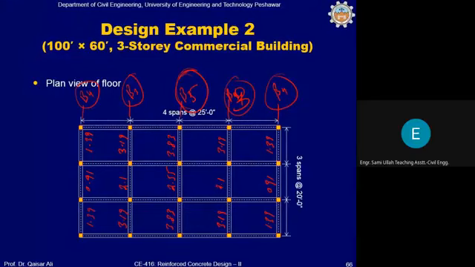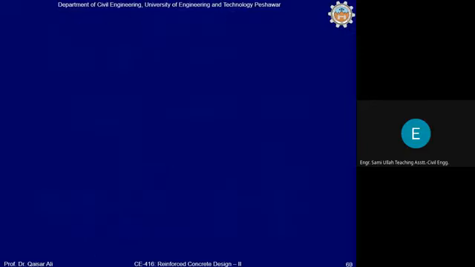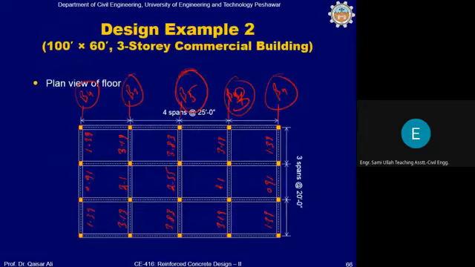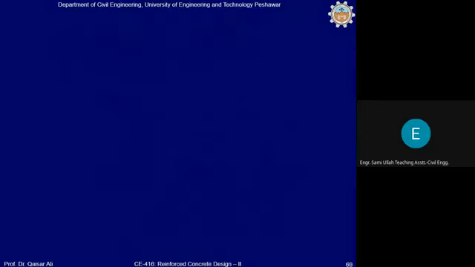Okay. So very simply, you can analyze now this beam, and once you get the values of moment and shear, then you can design it also. Okay. So यहाँ पर if I draw this beam, for example, B4, it will look like this. This is B4.